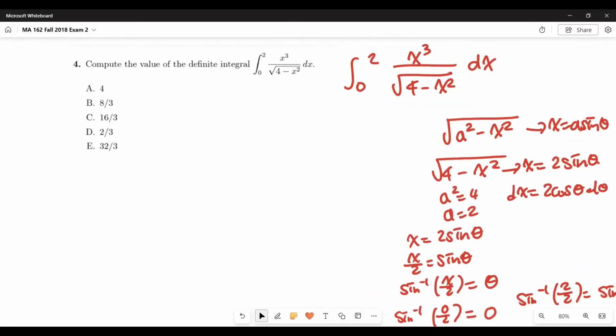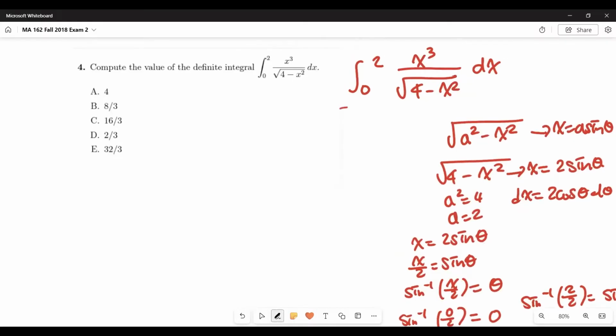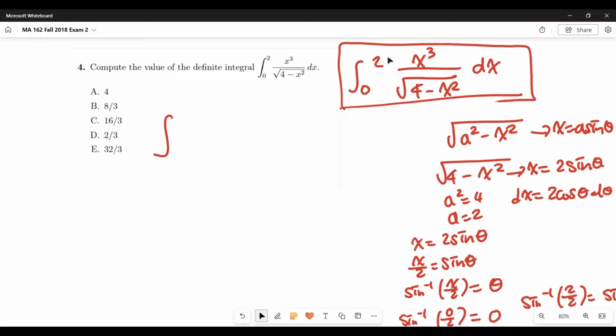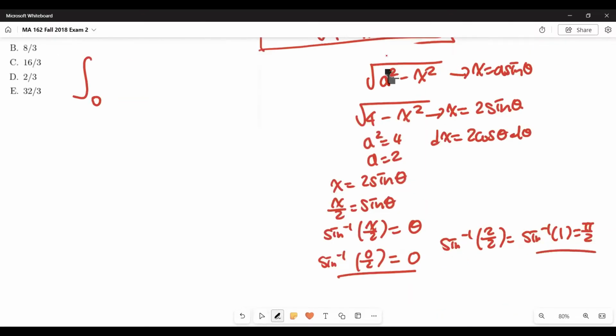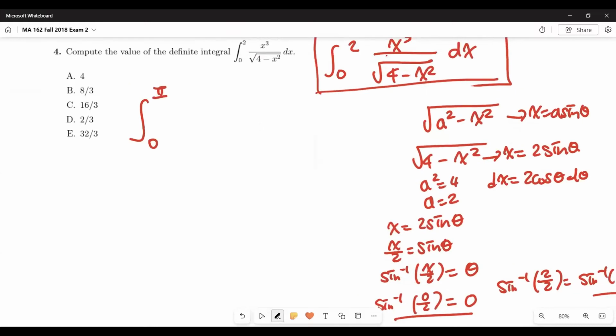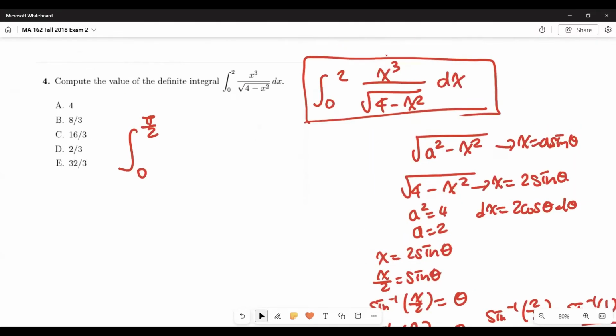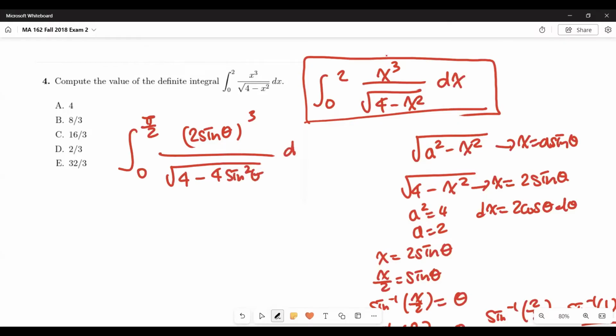Okay, we know everything, so we can write this thing in terms of theta. So this is just going to be 0 to pi over 2, and x is 2 sine theta, so 2 sine theta cubed over square root of 4 minus 4 sine squared theta, dx is 2 cosine theta d theta.